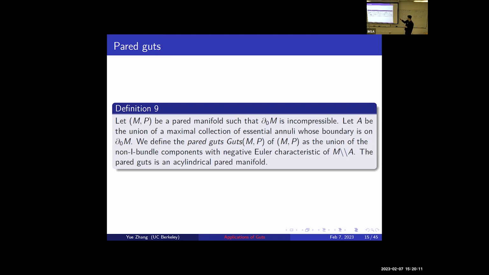But here, since you don't define R plus and R minus, you just let the boundary of the annuli sit on ∂0M. Then you take the union of non-bundle components with negative Euler characteristic, and the part is called acylindrical. The part is called pared guts.